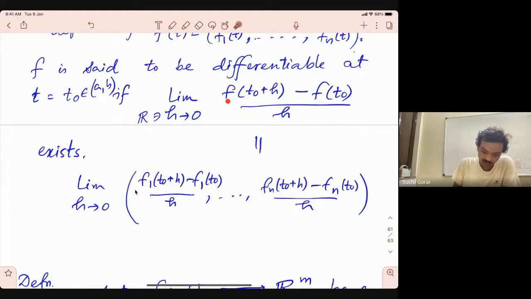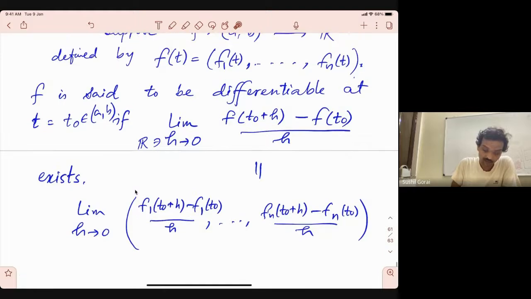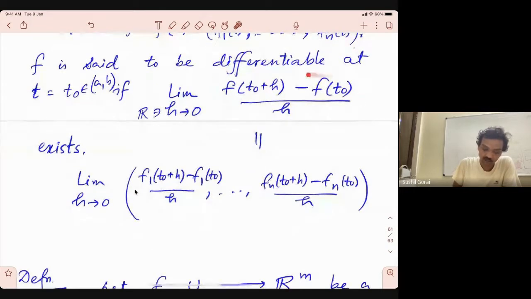Here, since the map f has n components, this will actually be a tuple of n limits.